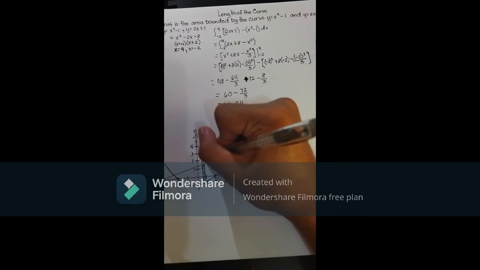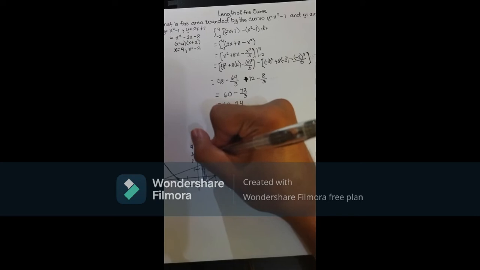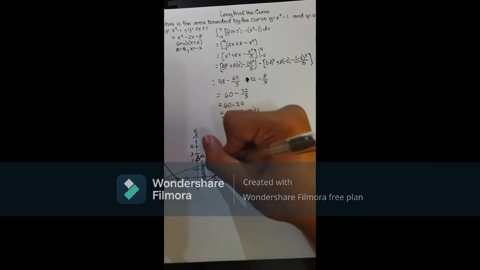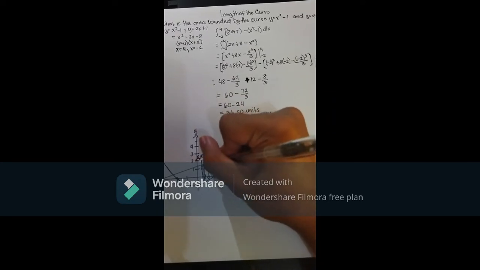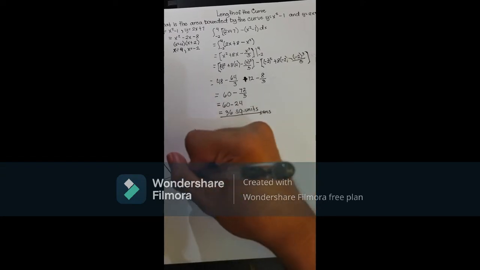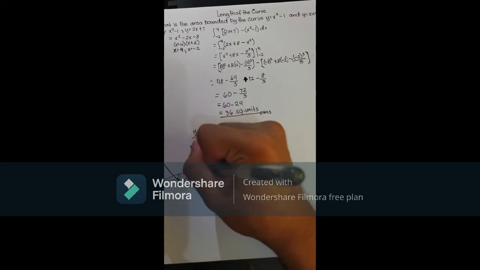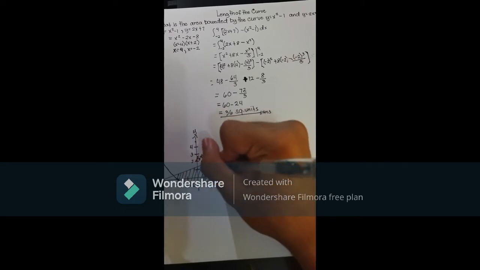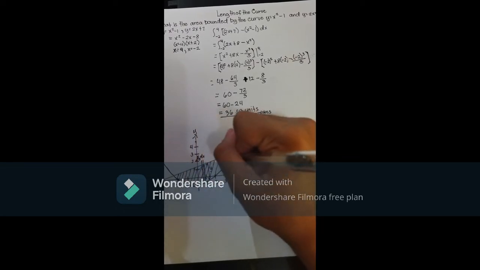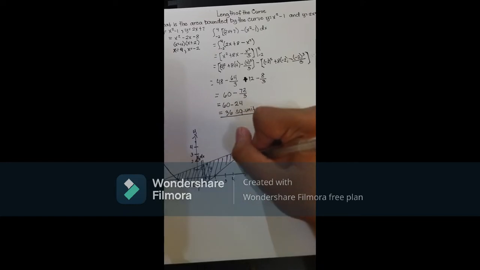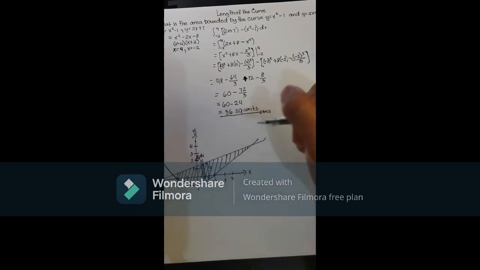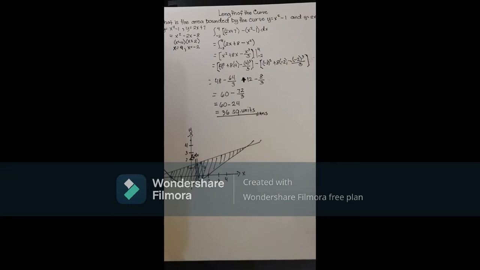The thickness is dx, the distance is x, the height is y, and we shade the area. So there we go.